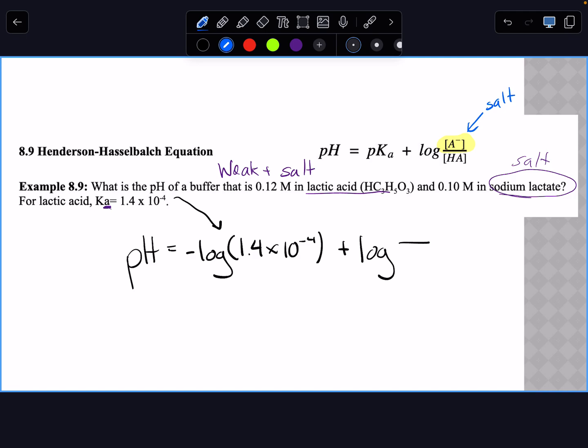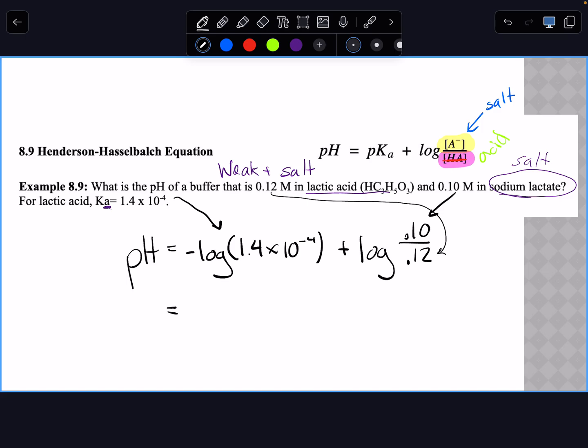While the HA on the bottom is always the acid. So on top I would put 0.10 because that's how much salt the problem said. And on the bottom I'd put 0.12 because that's how much acid it gave me. And then at that point, make your calculator do the work.